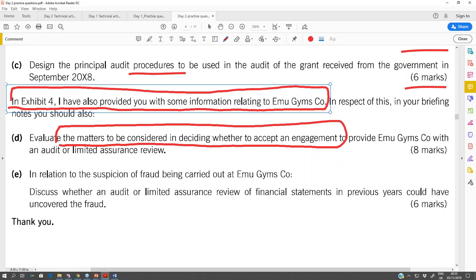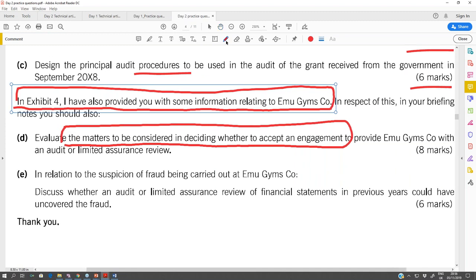And then in the E part, it says, in relation to the suspicion of fraud being carried out at Emu Gym, discuss whether an audit or a limited assurance review of the financial statements in the previous year could have uncovered the fraud.